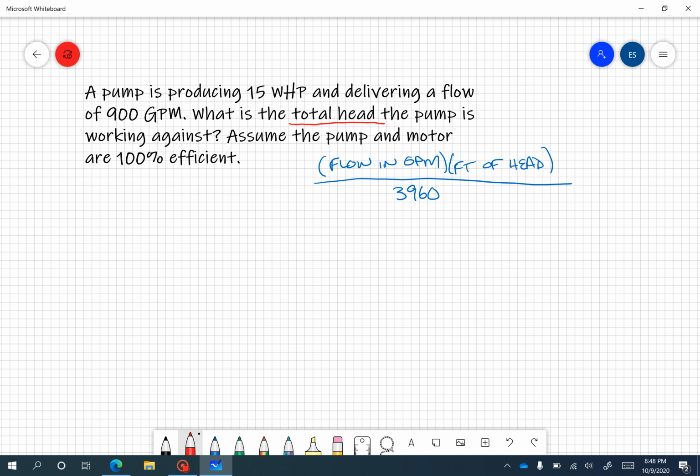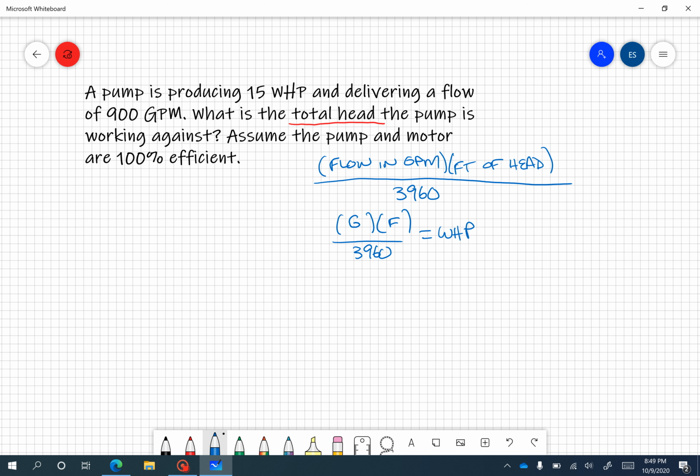So how do we rewrite this equation if we have gallons of flow times feet of head over 3960 equals water horsepower?